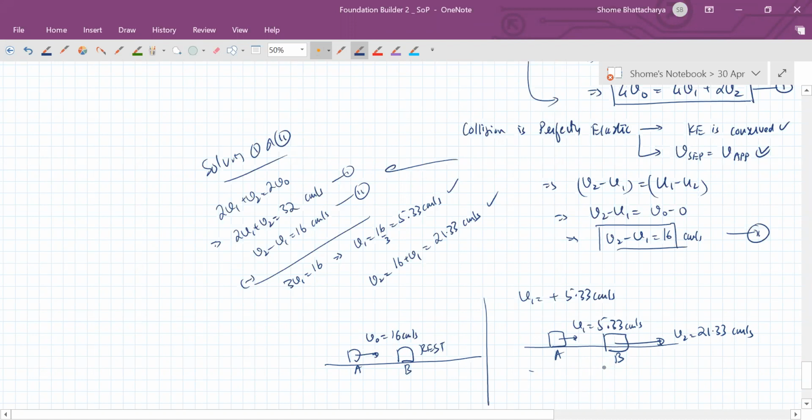In the process, you can see that momentum is conserved. If you do the calculation of momentum, you will see that it's conserved because 4 kg into 16 will give you 4 kg into 5.33 plus 2 kg into 21.33. It will give you that value.